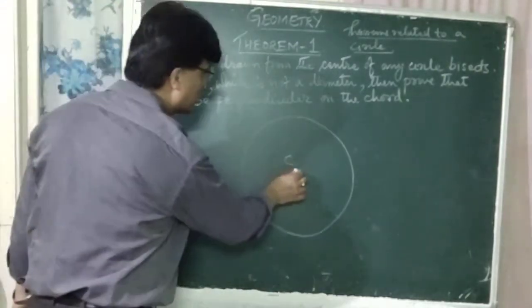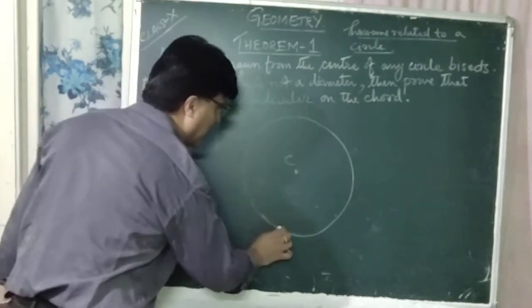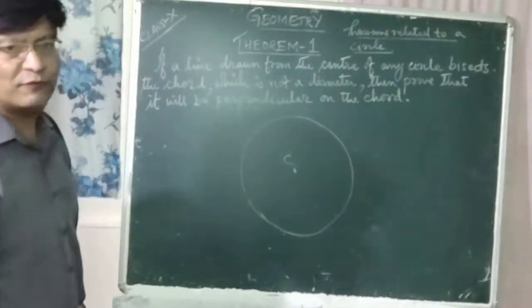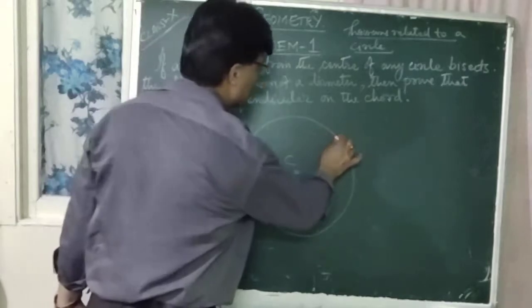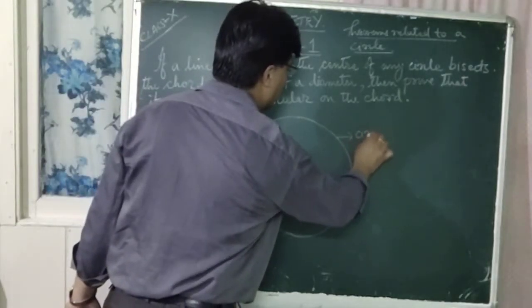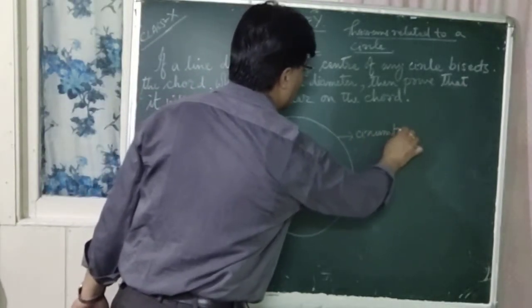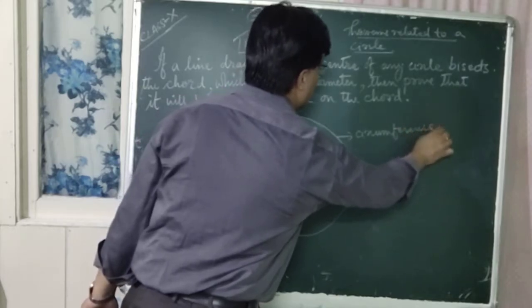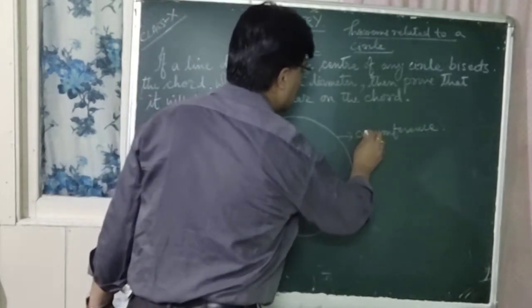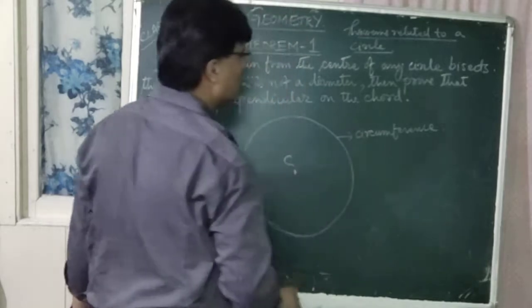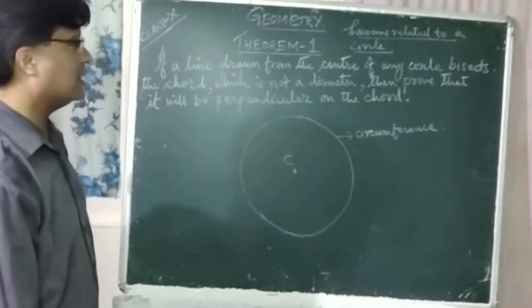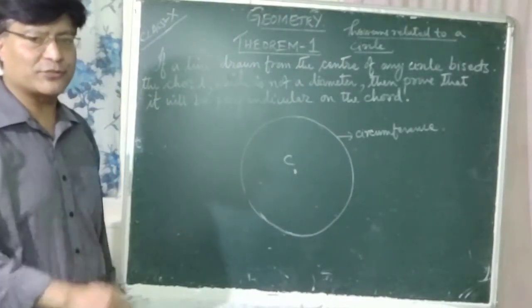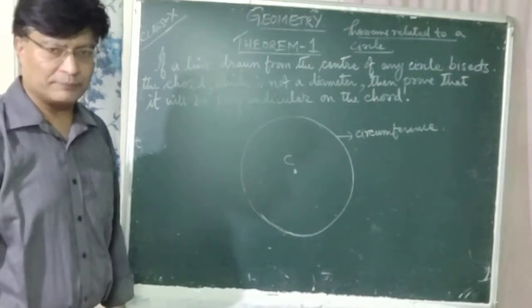This is known as what? Circumference. This is known as circumference. C-I-R-C-U-M-F-E-R-E-N-C-E is the circumference of the circle.